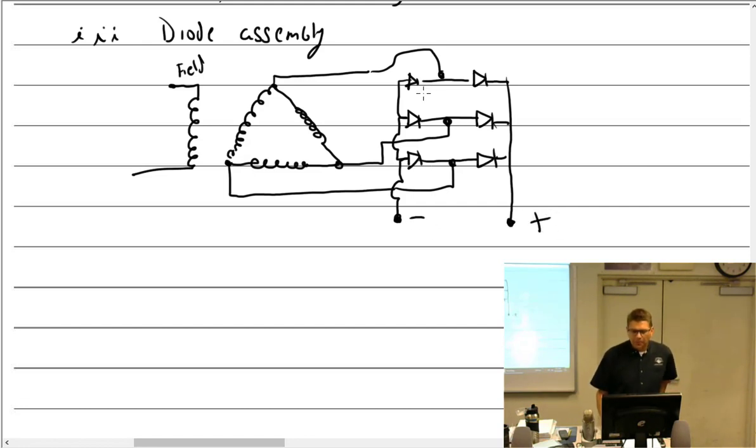All right, so getting rid of our commutator assembly, what we now have is this: my field is rotating around this, exciting and creating current within the windings of the armature. And so if we follow this through, we pick up here, you can say this one's positive, and this one over here, we'll look at this one negative.